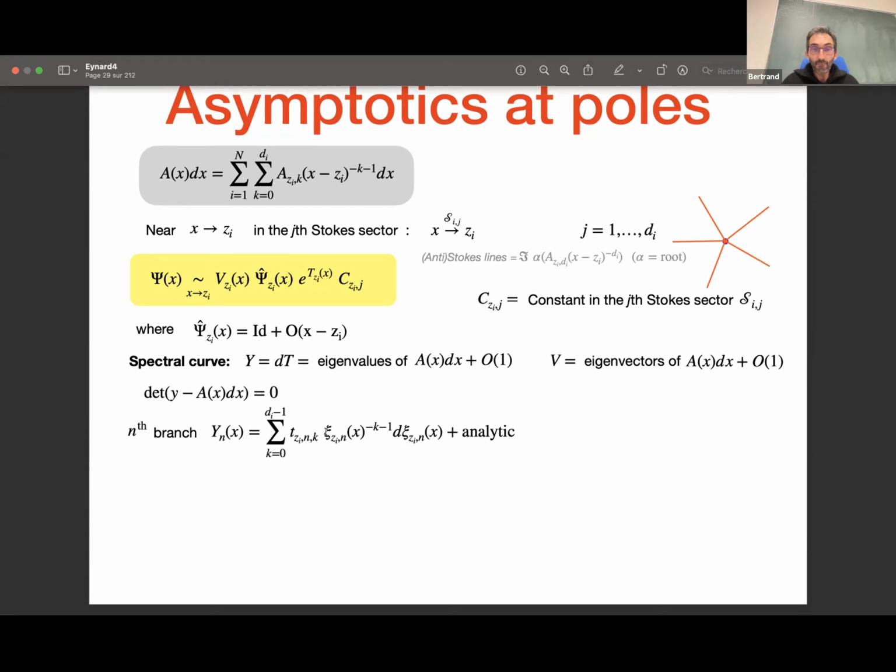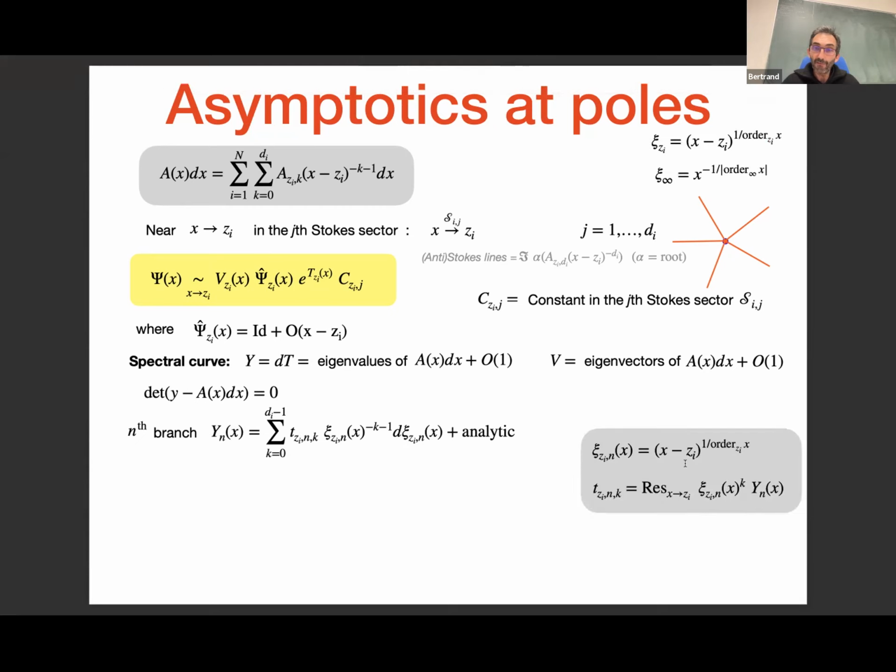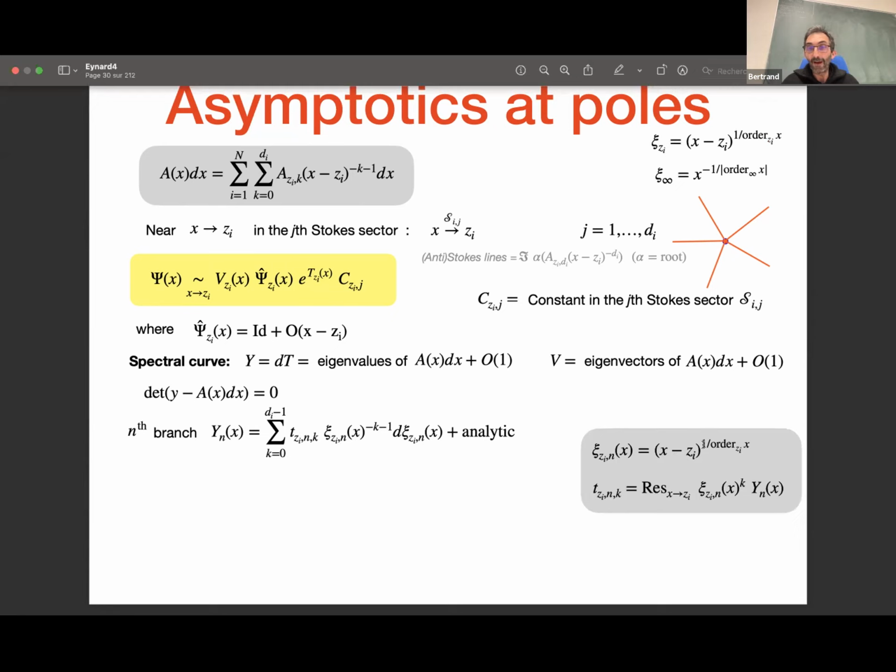Here, what I call xi is nearly the same thing as x minus zi, except that in some cases there can be degeneracies, and you need to take a fractional power of x minus zi to be a good local coordinate. But basically, the eigenvalues always have a negative Laurent part plus analytic. What we shall keep in T is the integral of this negative Laurent part. First, we make a diagonal matrix with the branches.